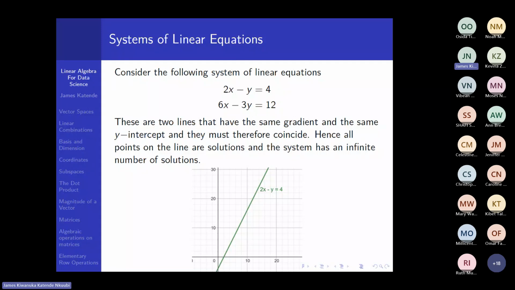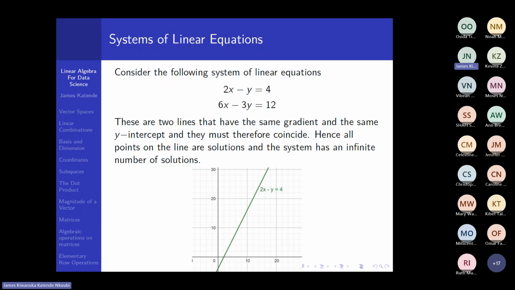So the second case is where you have infinitely many solutions. In the 2 by 2 systems, what that means is that one equation is just a multiple of the other, and therefore the two lines coincide. So all points on this line will be solutions to this system, because this second equation is just a multiple of the first equation. So they are the same equation essentially.